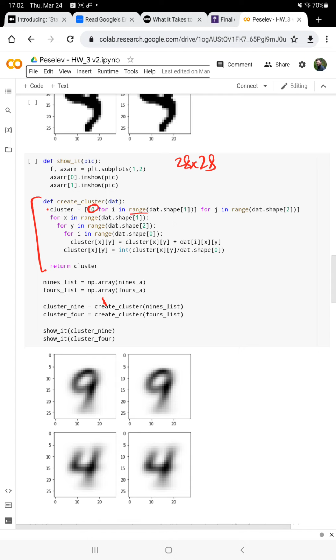And so I use range shape 1, range shape 2. By the way, if you put 784, it will also work exactly the same way. Oh, you know what, I'm showing you the old way I did it. I actually then found a better, more elegant way. So you can keep this, and later on I will show the better way that I used.